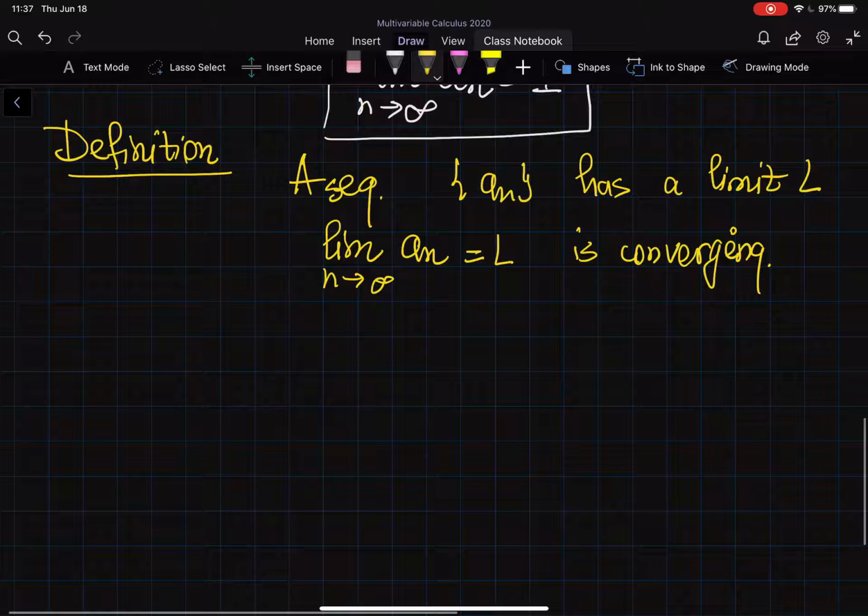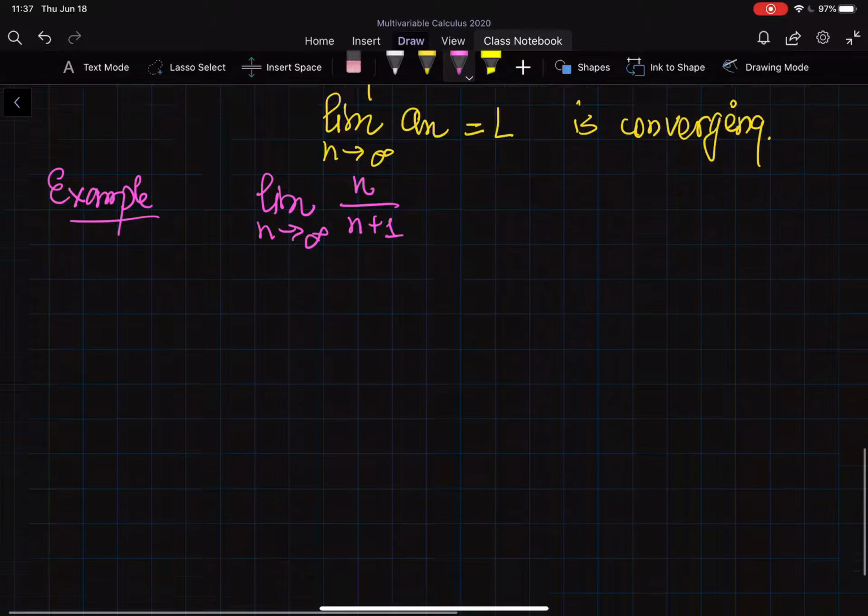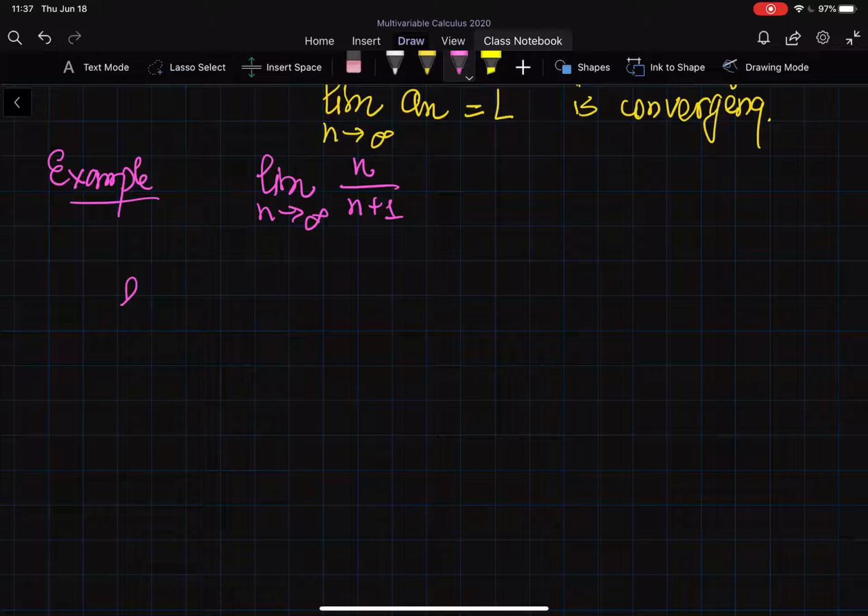And in this case, we are going to use pretty much the same techniques as we did to find the limits of functions. For example, let's say we find the limit of the sequence n over n plus 1 when n goes to infinity. We can find its limit using the techniques which we used before.